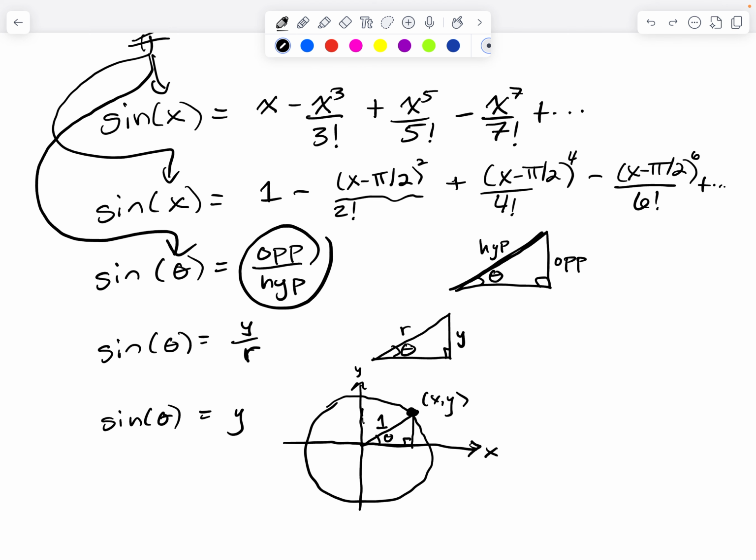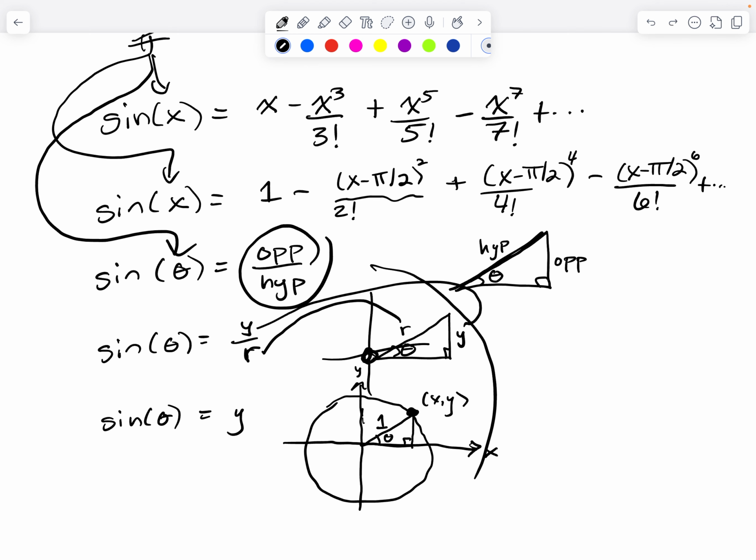Now what about this? Well, this is just another way of writing opposite and hypotenuse. I could call it the radius and the y value. Why would that be a y value? Well, if you put this right triangle in a circle centered right at the origin, now this thing has an x and a y.